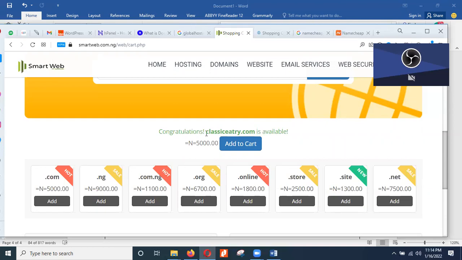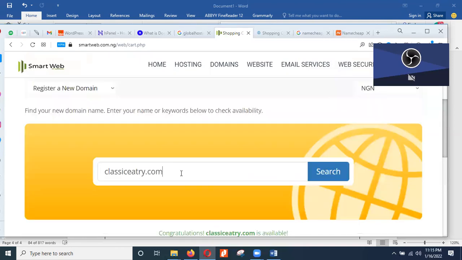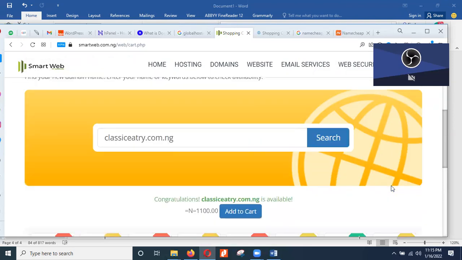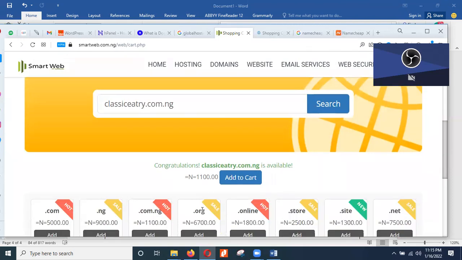Okay, let's see .com.ng and how much it sells for. .com.ng is available and it sells for 1,100 naira, a little bit cheaper than what Global Hosting is selling.